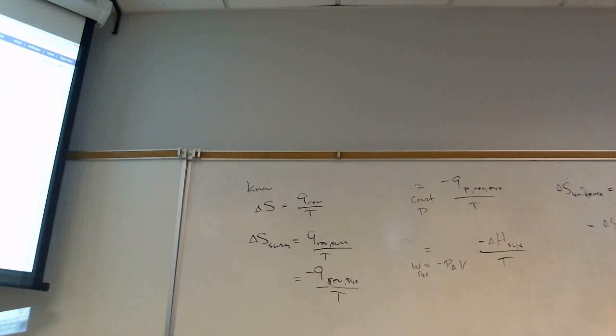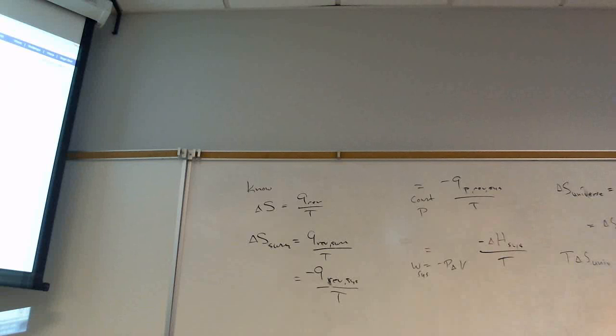And so that means that, well, let's multiply T by both sides. So we get T delta S. T is a state function as well. T delta S of the universe is equal to T delta S of the system plus, minus delta H of the system.